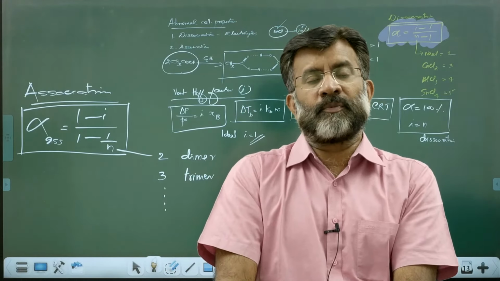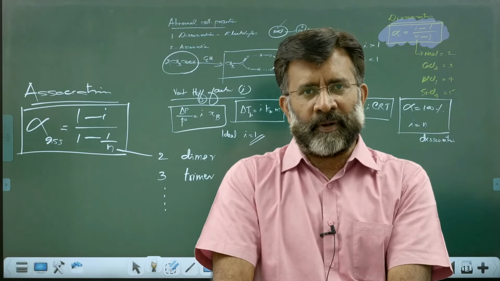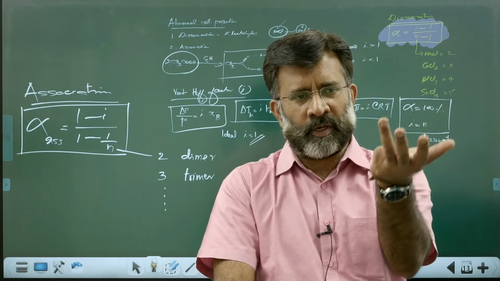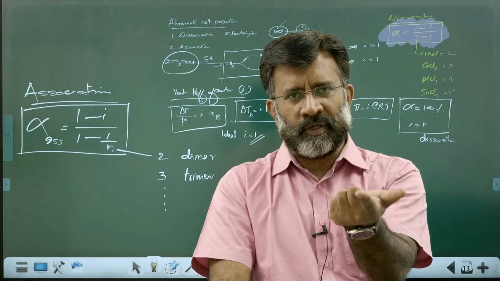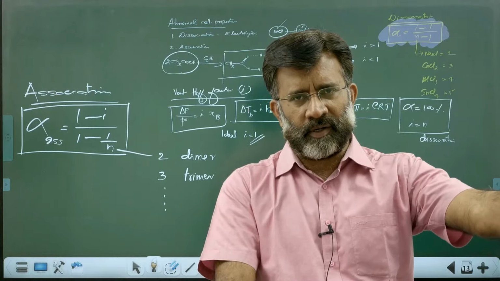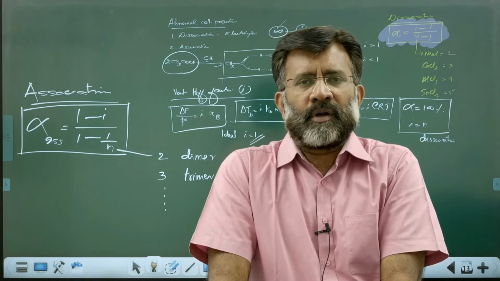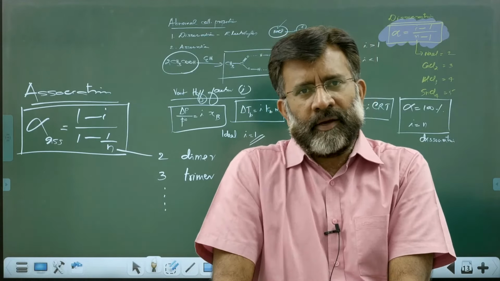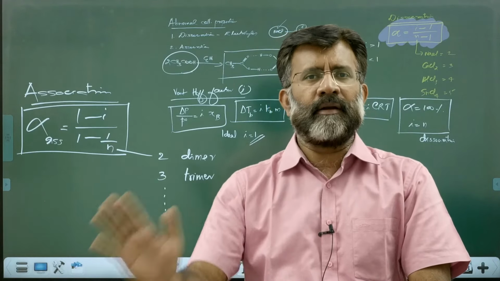Then colligative properties: relative lowering of vapor pressure, elevation in boiling point, depression in freezing point, osmotic pressure, and all terminology connected. Finally, abnormal colligative properties and the van 't Hoff factor and the related formulas.